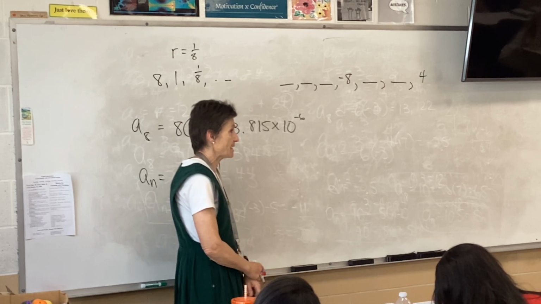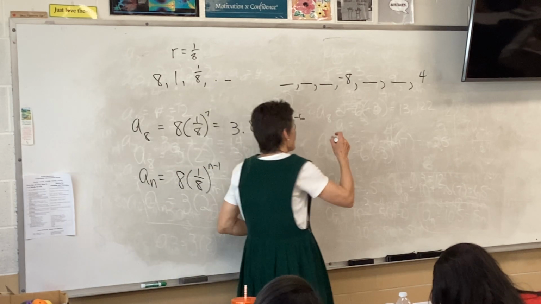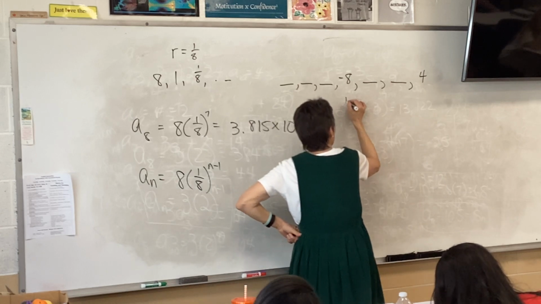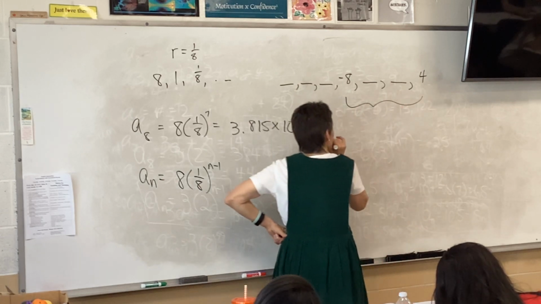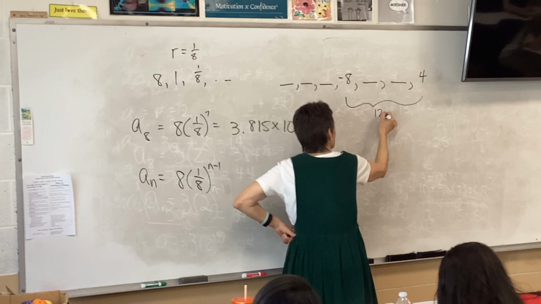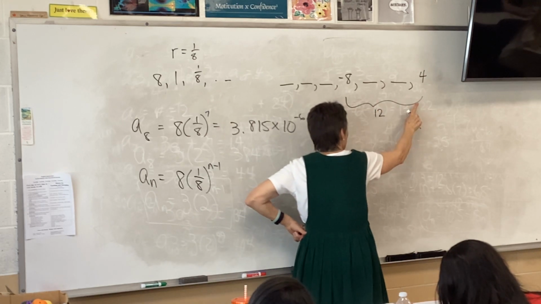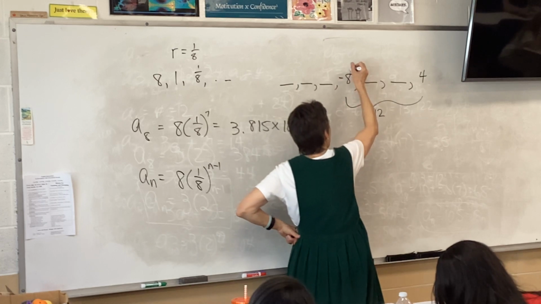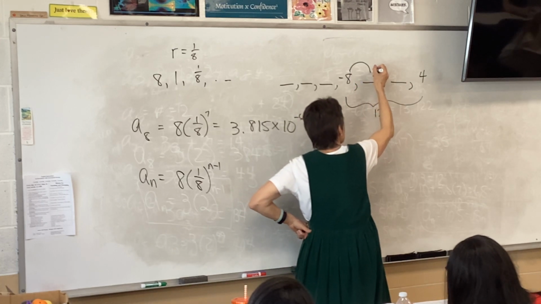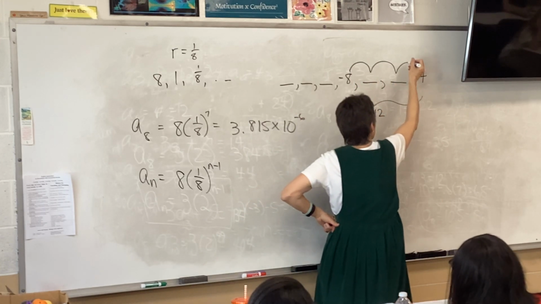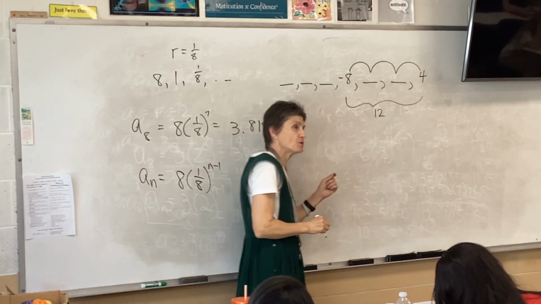It's arithmetic, that's key. So, how far is this distance right here? 12. So to make it 12 units, I added something once, twice, 3 times. Does that make sense to you?